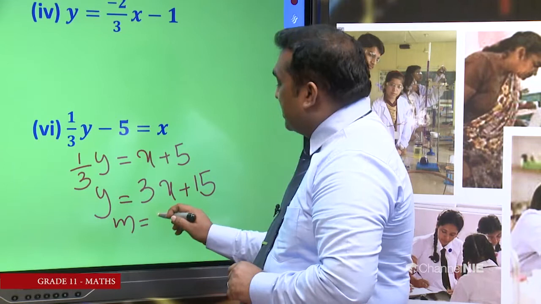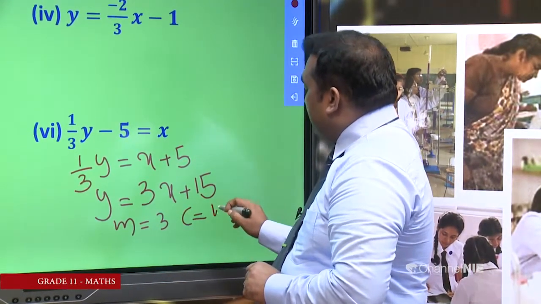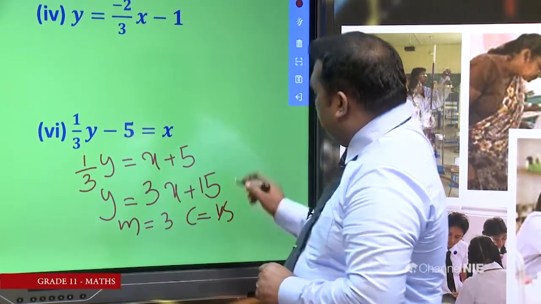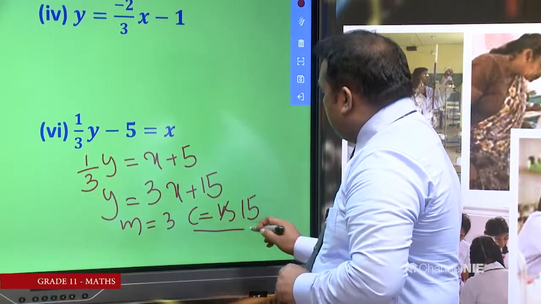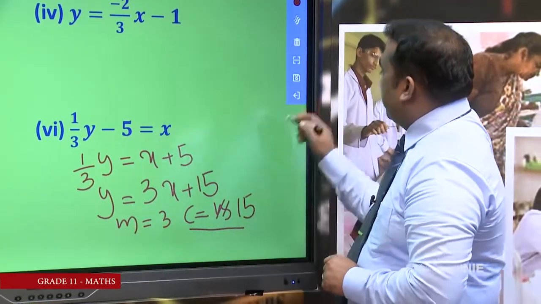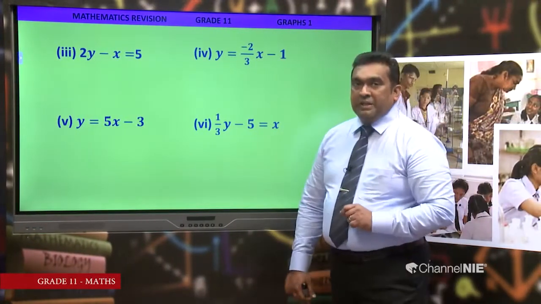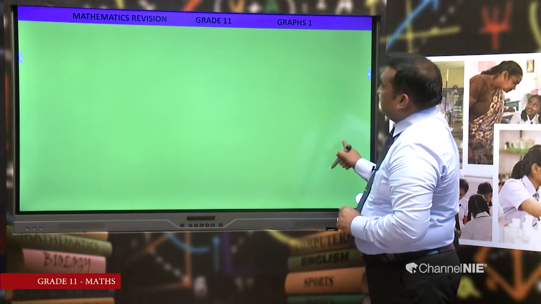Gradient equals 3, intercept equals 15. C equals 15. Right?